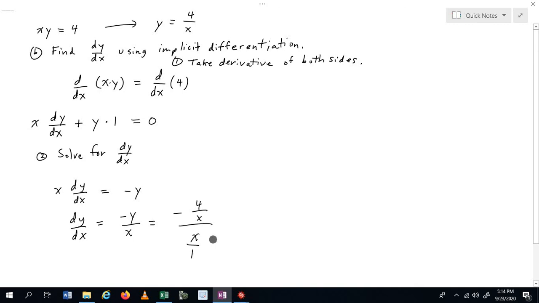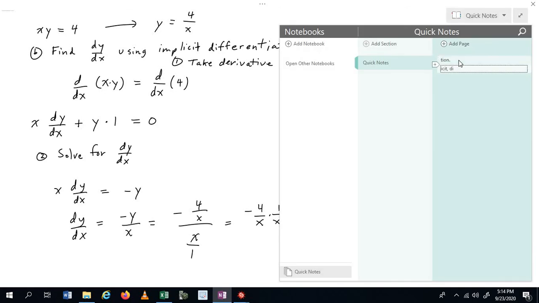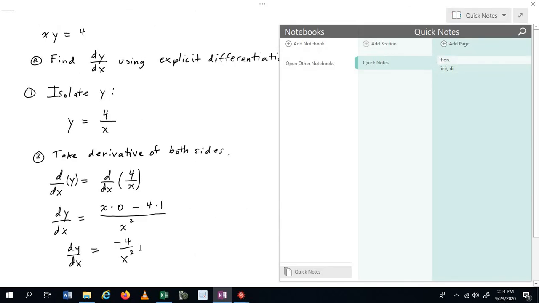When you divide a fraction by another fraction, you can flip the bottom fraction and multiply by it. So let's flip this, and that's going to be 1 over x, and then multiply by that reciprocal. And that ends up giving you minus 4 over x squared, which is exactly the same answer that we had when we did it explicitly.